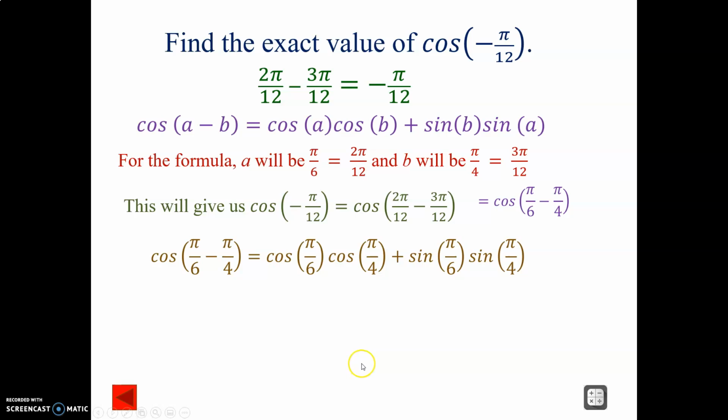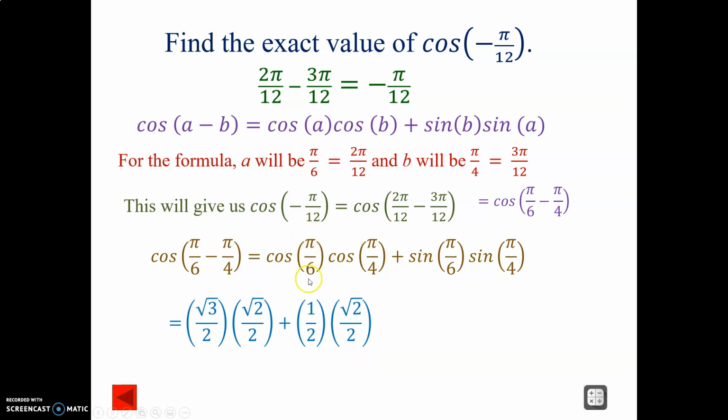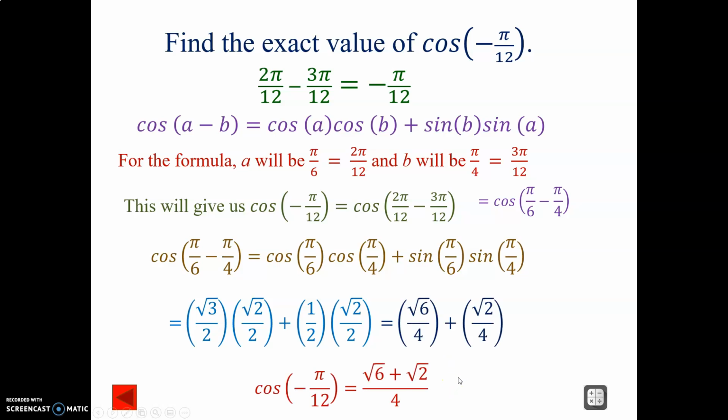So let's substitute everything in. There's the radical 3 over 2 for cosine. Of course, the radical 2 over 2 for pi over 4. And the 1/2 for sine. Simplify, that'll give us radical 6 over 4. This will give us radical 2 over 4. There's our answer. Radical 6 plus radical 2, all over 4.